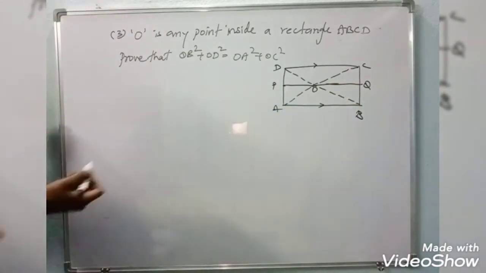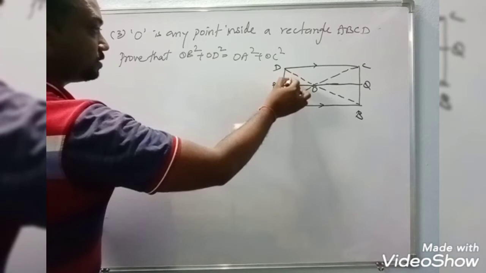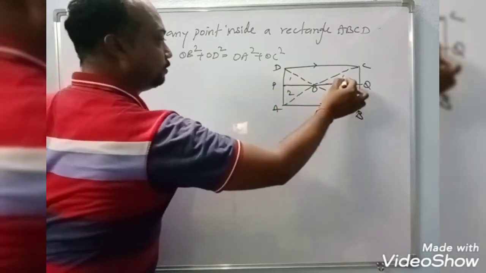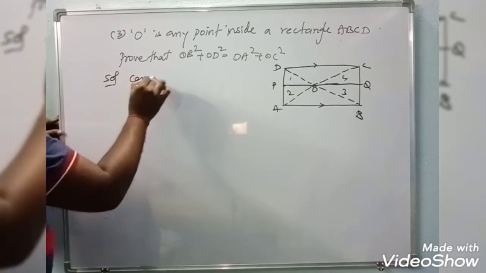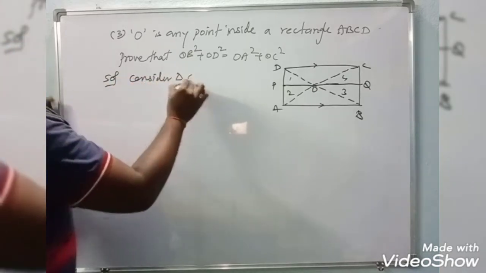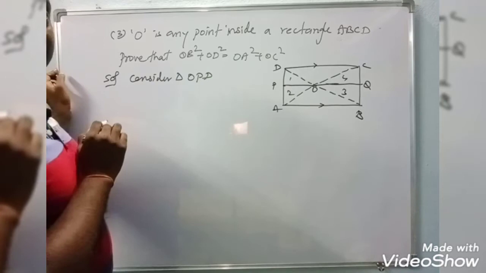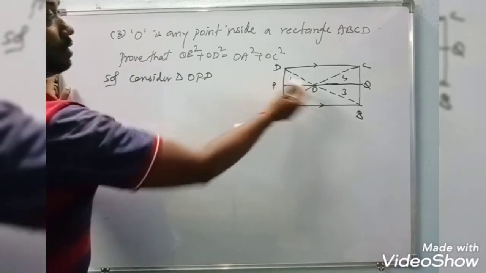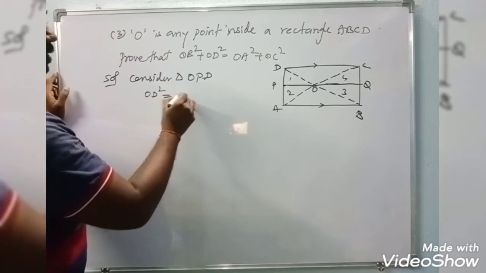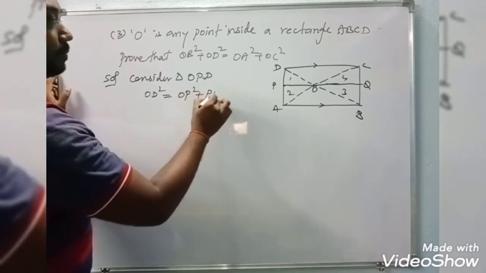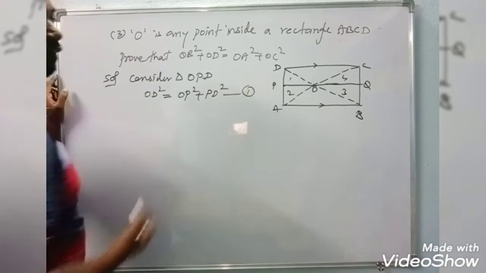So start with your first one, that is consider triangle OPD. Now if I consider this triangle OPD, here OD is the hypotenuse, that is OD square is equal to OP square plus PD square, denote as first equation.